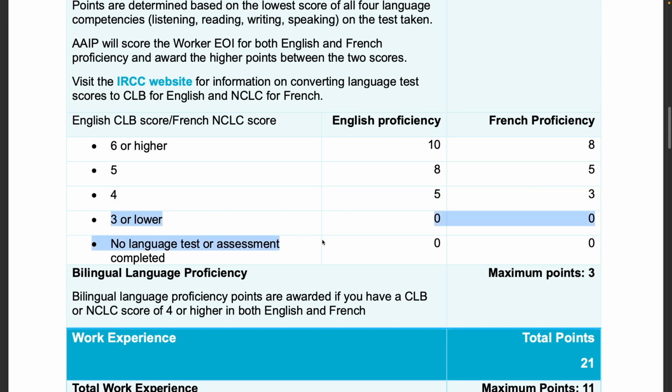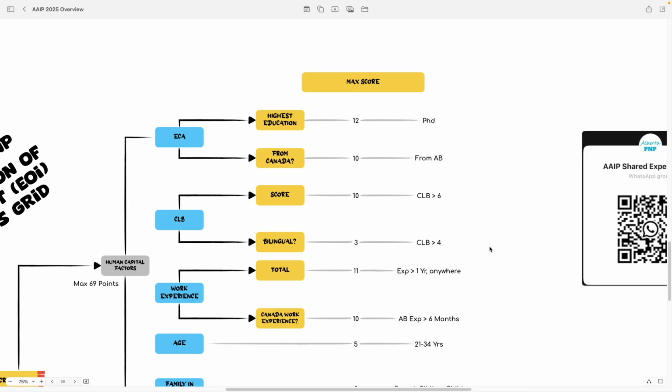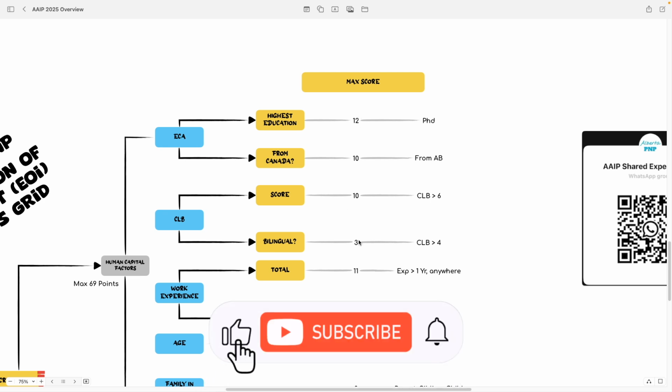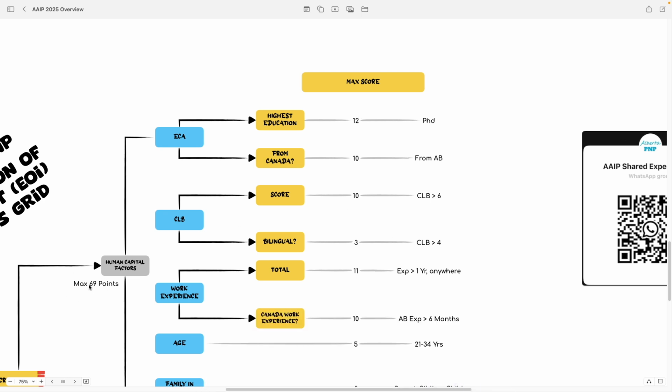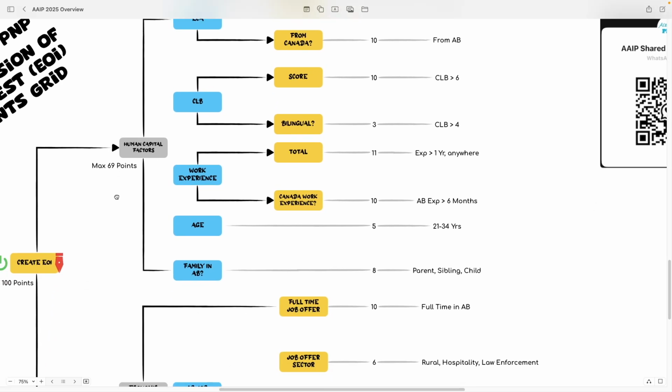If you get 3 or lower, you get no points. That goes without saying. So for language, you can get up to a maximum of 13 points. So 22 plus 13 is 35. So we have covered 35 points out of the 69 that you can get in your EOI.